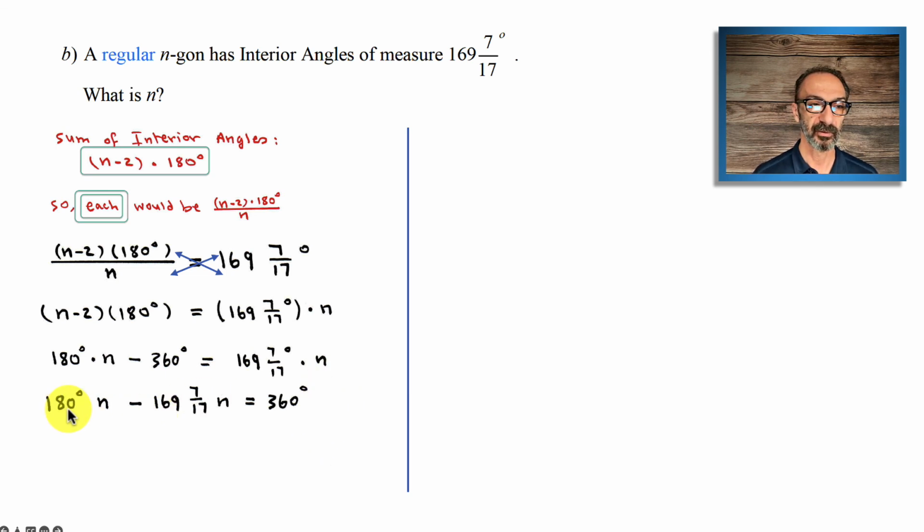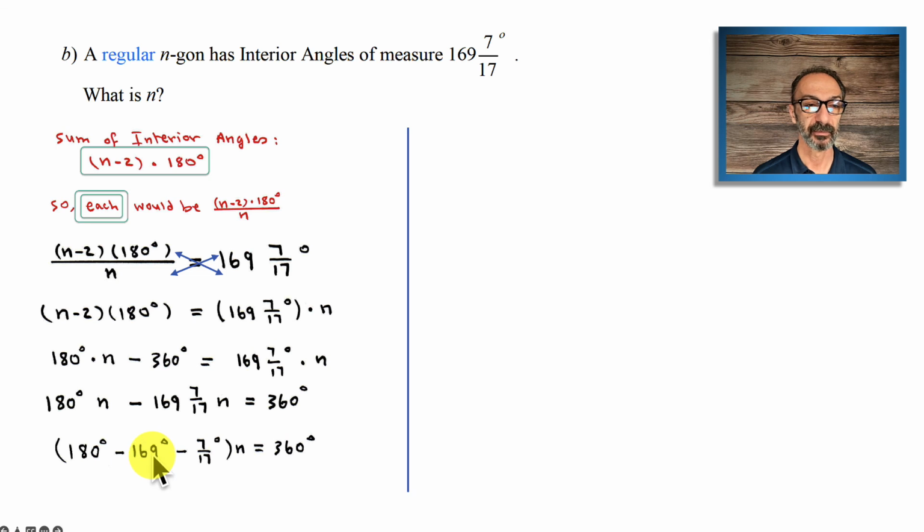Now I need to solve this, but I want to solve it without calculators and without common denominator. It's not really hard. I want to show you how. Here we go. So 180n minus 169 and 7/17 n.